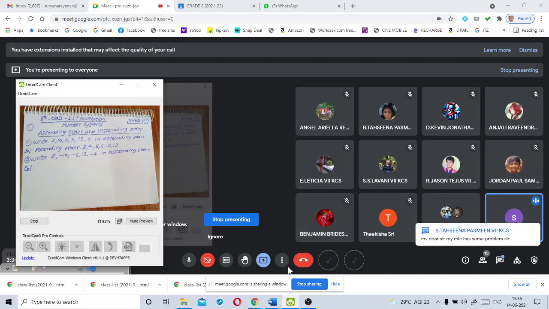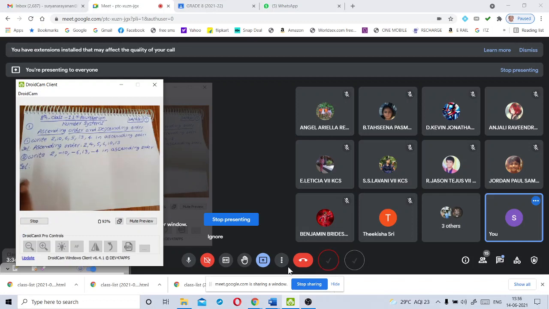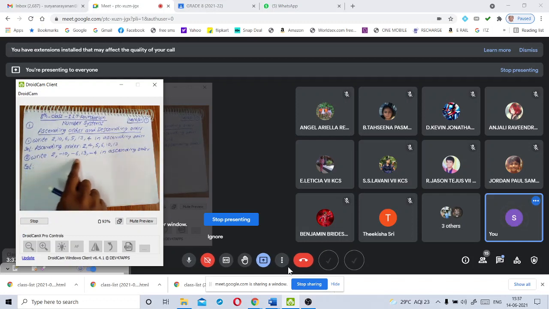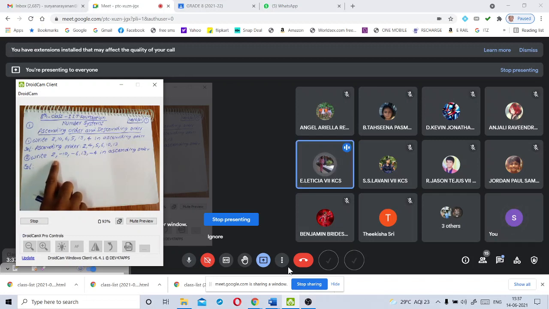Tikshasri, can you read? Okay. Leticia, can you read this line? Yes, sir. Write 2, minus 10, minus 6, 13, minus 4 in ascending order. Now, can you arrange these numbers in ascending order?